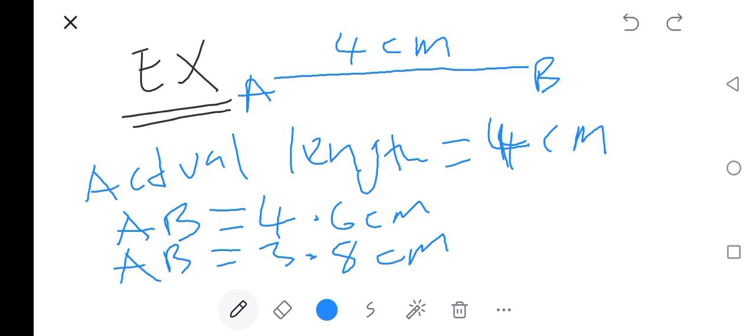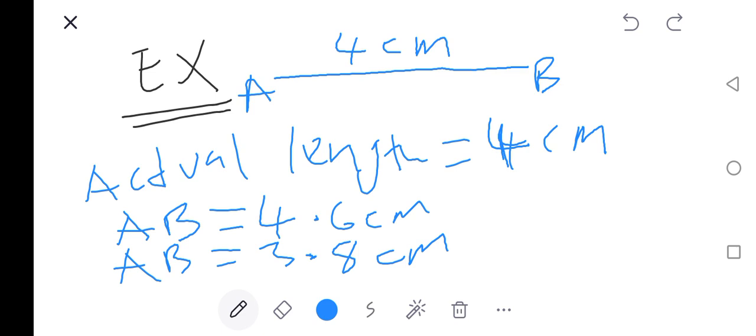Me, I will go with 3.8, at least it's near to 4 centimeters. Madam Selina? Both are wrong.